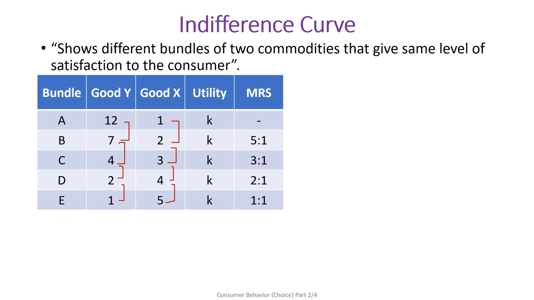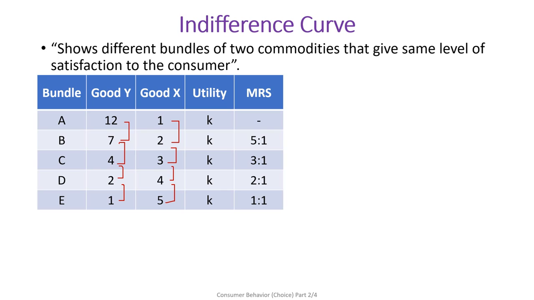But to compensate for it and to make this bundle indifferent to bundle A, we have to decrease Y, and because Y is in large amount, it is not as important for us. To get one more unit of X, we will be ready to sacrifice a large quantity of Y.